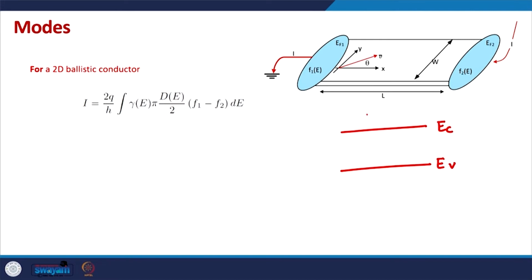If the electron is sitting somewhere here, and the reference energy level, generally taken to be zero energy, is somewhere below the valence band, then the total energy of the electron sitting at this level will be E, and a fraction of this energy will be the kinetic energy.